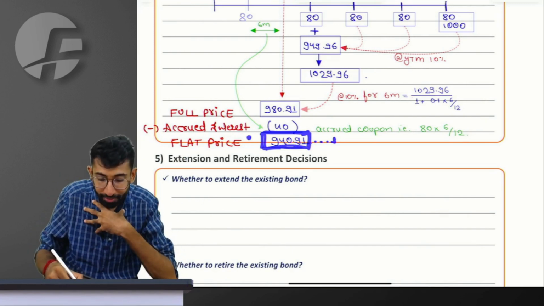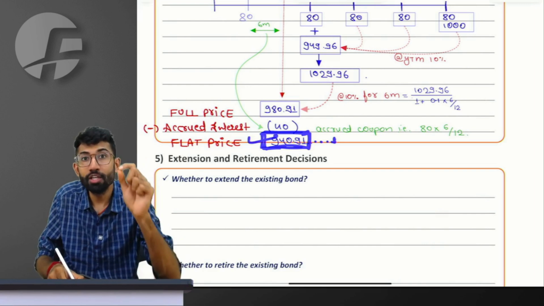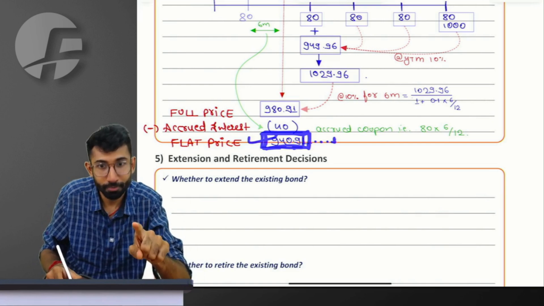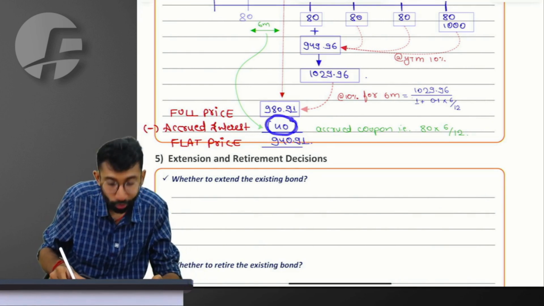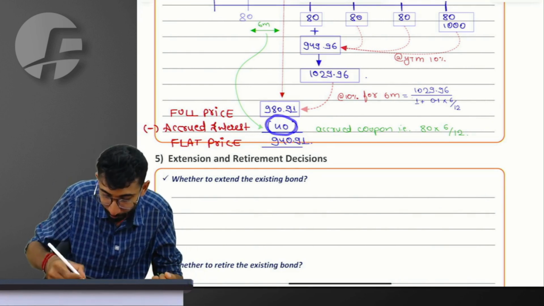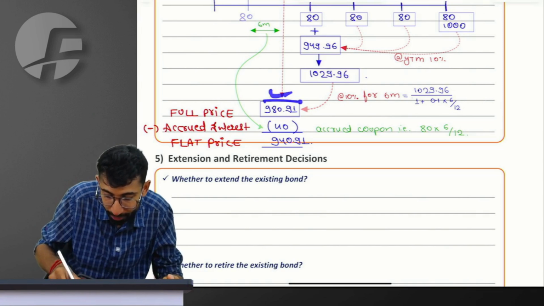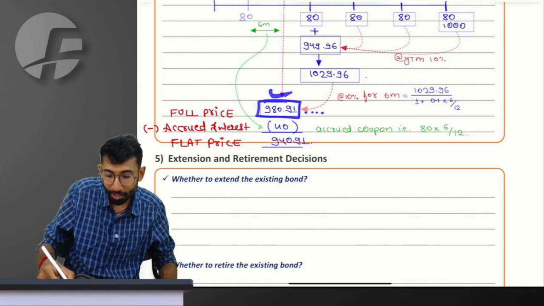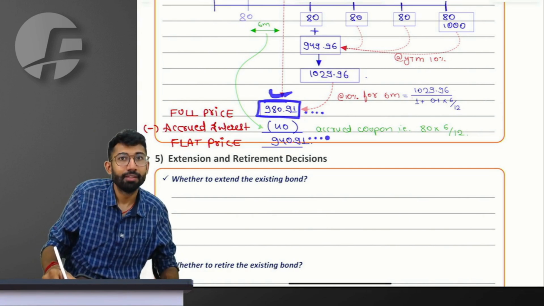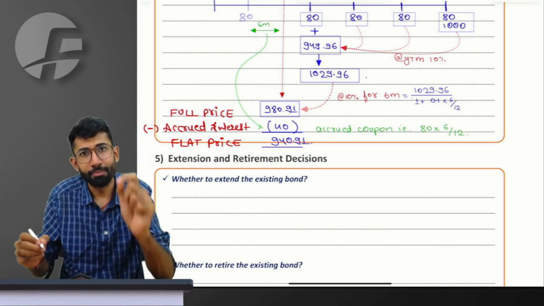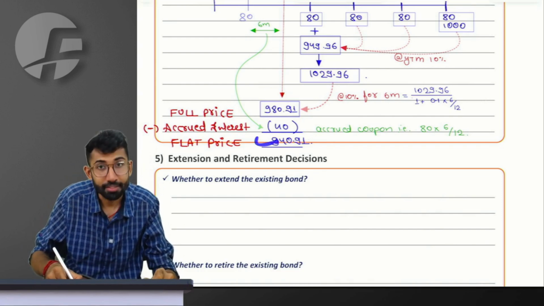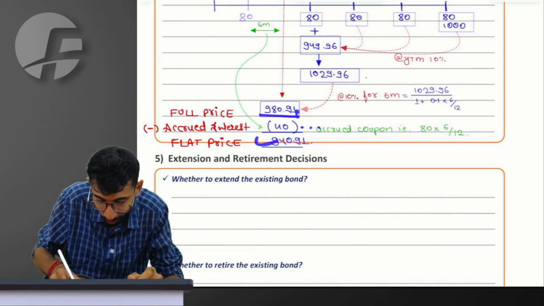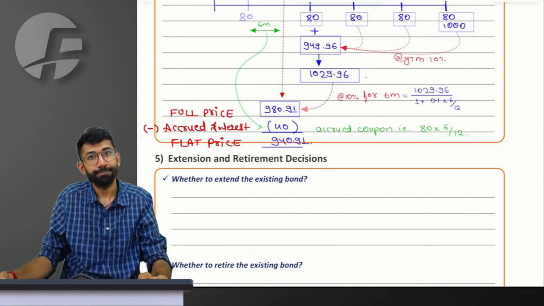If you buy a bond at this price, the total price you will have to pay to the other party is the flat price available in the market plus the amount of accrued interest to be paid along with it, which means the full price. What is listed in the market is the flat price, so if the examiner says that the flat price is this, because that is what is quoted in the market, you will have to add accrued interest to find the full price.